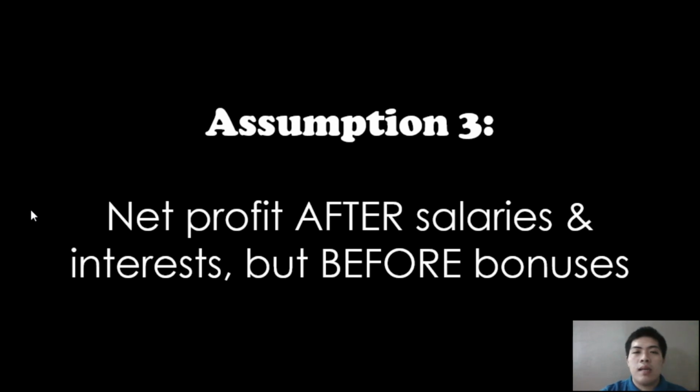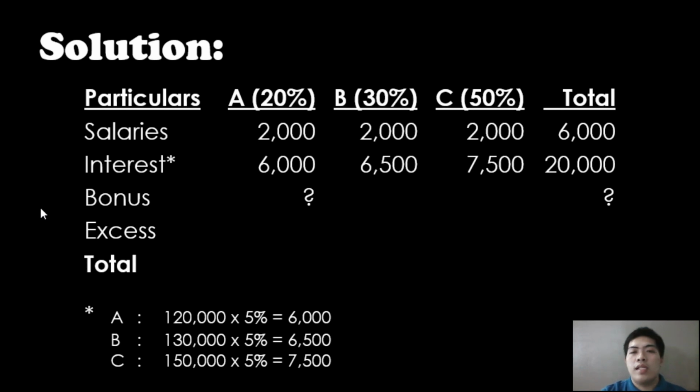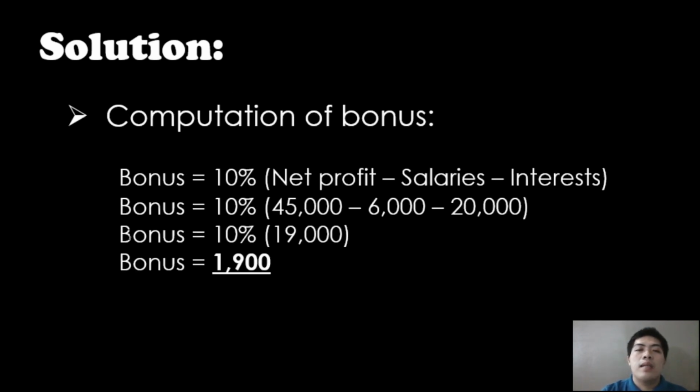The next, assumption 3. Yung net profit daw after salaries and interest but before bonuses. Okay. Madali lang din to. So, the same presentation, kailangan natin compute yung bonuses. Then, computation for the bonus, kailangan daw 10% siya ng net profit after salaries and after interest.